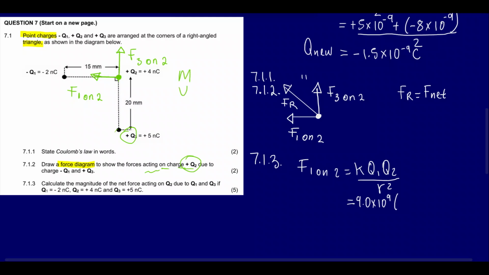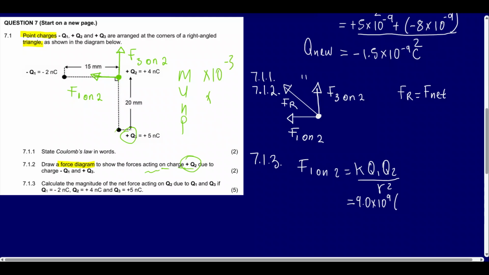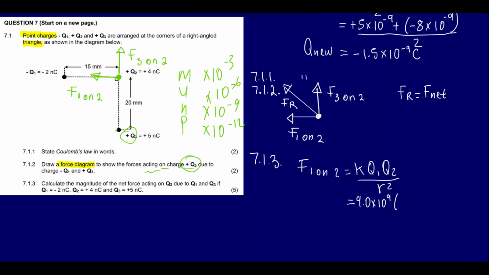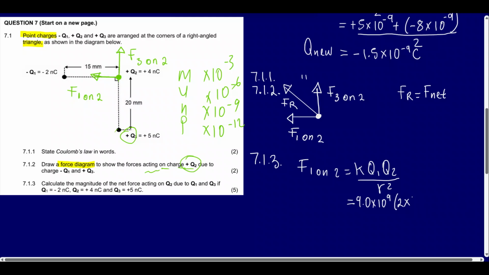And then the charge Q1, remember I said you will use the prefixes. Because it's nanocoulombs, we multiply by 10 to the power of negative 9 for the charge. So Q1, it's negative, so we just put it as positive.